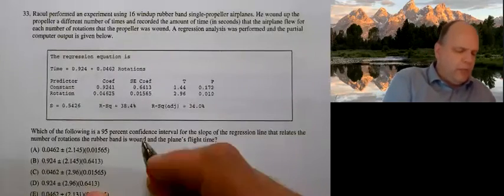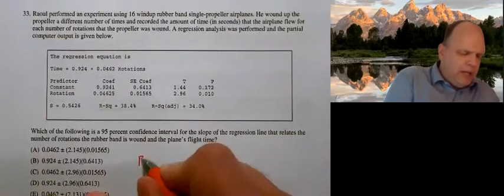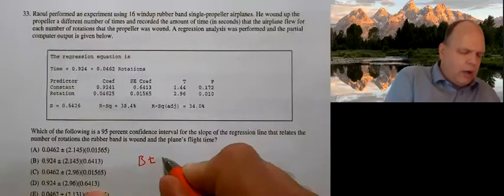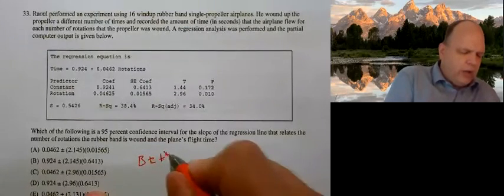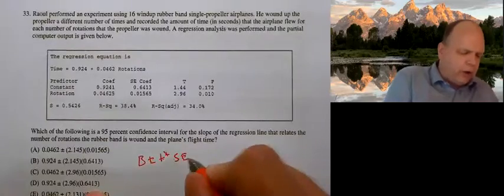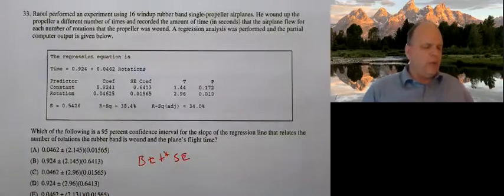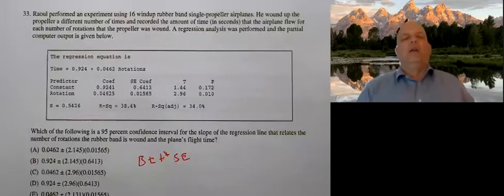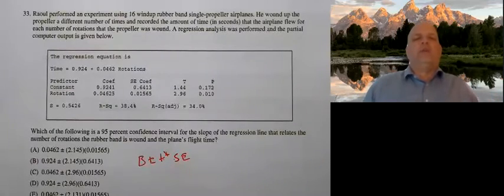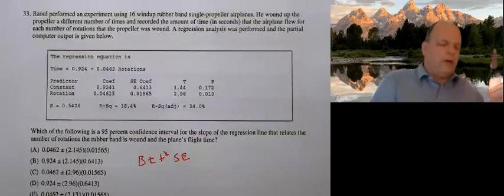So basically it's going to be b plus or minus t star times our standard error. Now we have to be really, really careful about this. One of the things that we have to be really careful about is that we know our degrees of freedom.